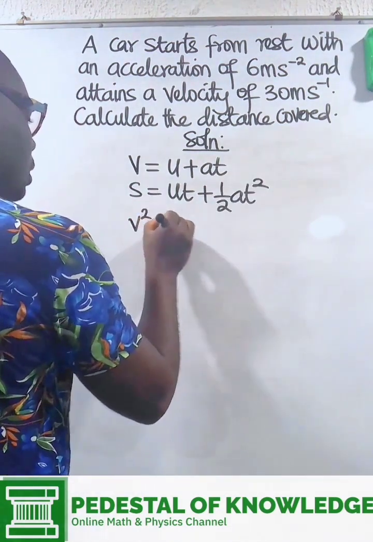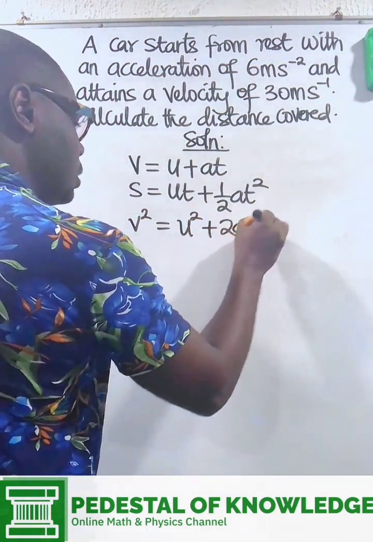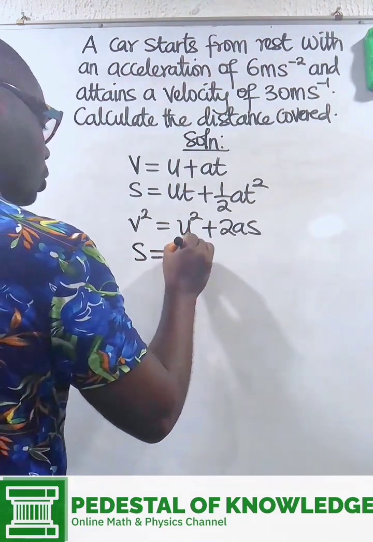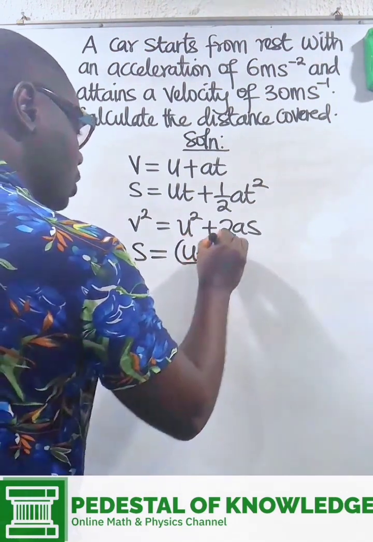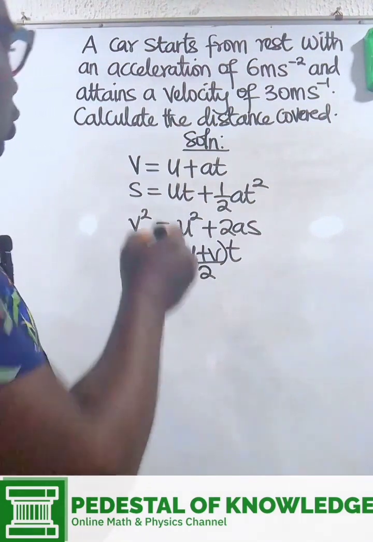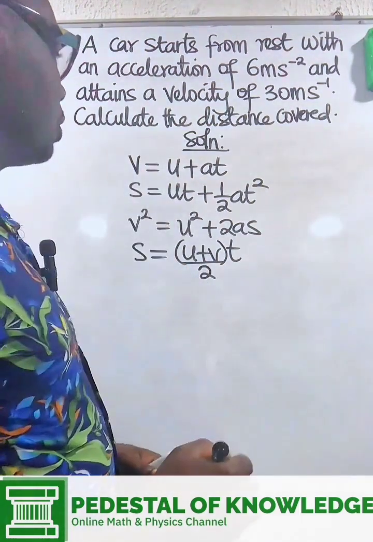V squared is equal to U squared plus 2AS. And finally, S is equal to U plus V divided by 2, then multiplied by T. Now, let us check which of these equations will give us a direct answer to this question.